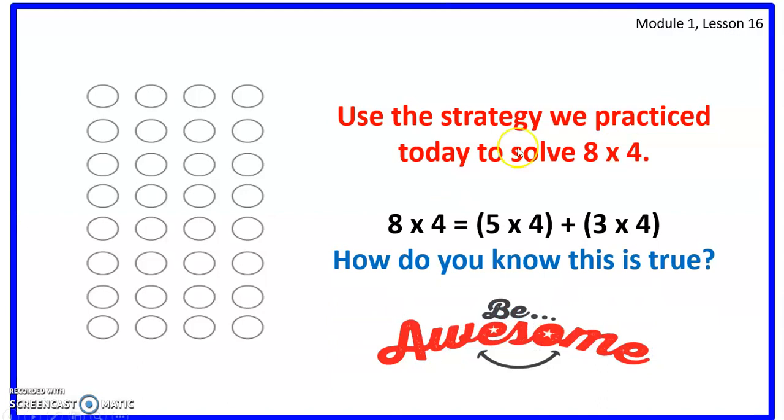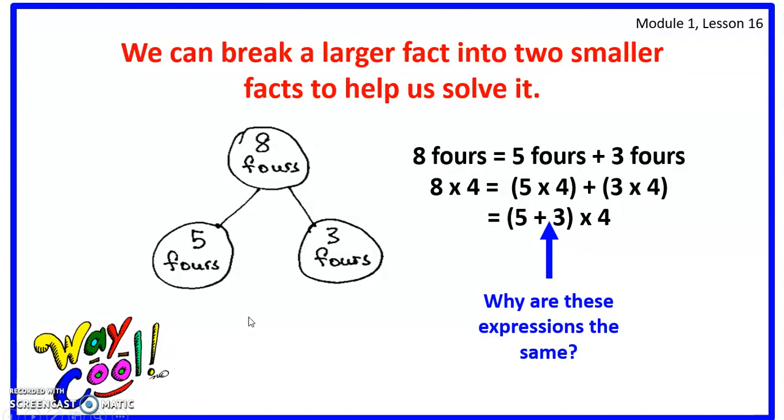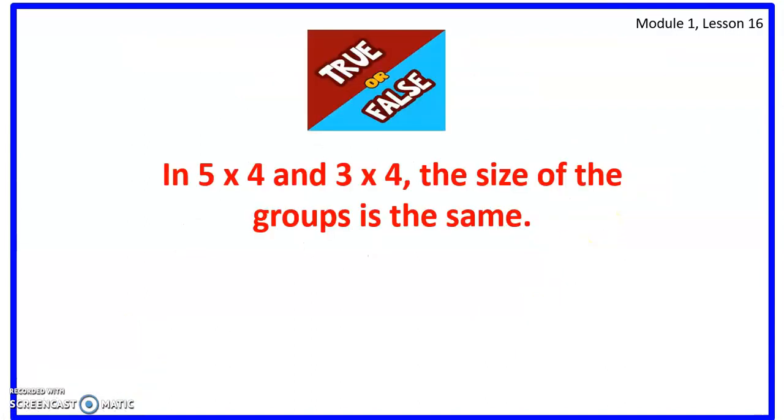Which is what? 5 times 4 plus 3 times 4. 1, 2, 3, 4, 5 plus 1, 2, 3. Now if we use a number bond, 8 fours is now what? 5 fours and 3 fours. Which is 5 fours plus 3 fours. Which is 5 plus 3 equals 8. So we have 5 plus 3 times 4.